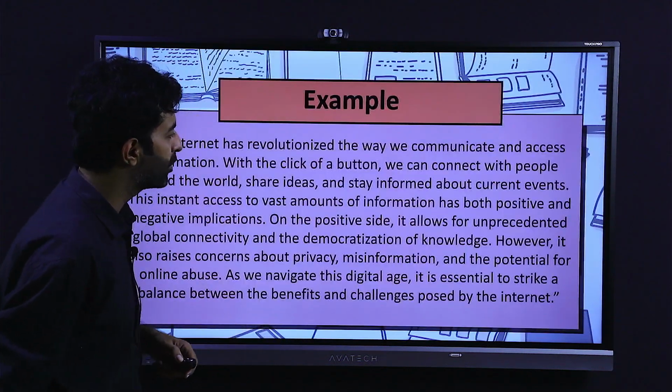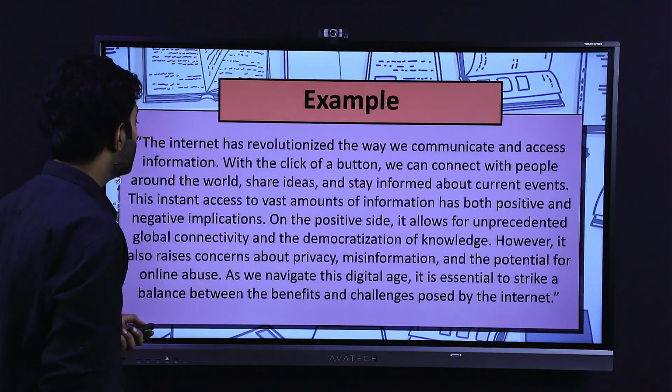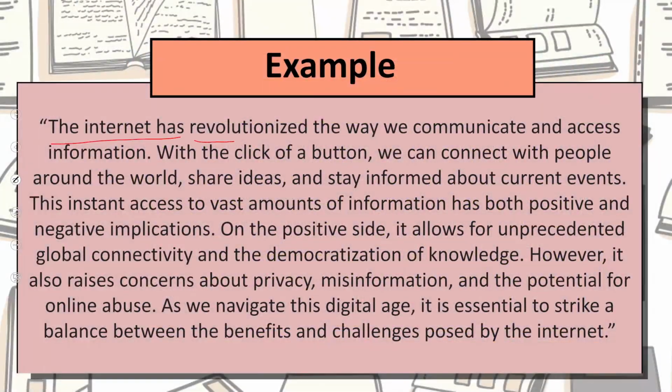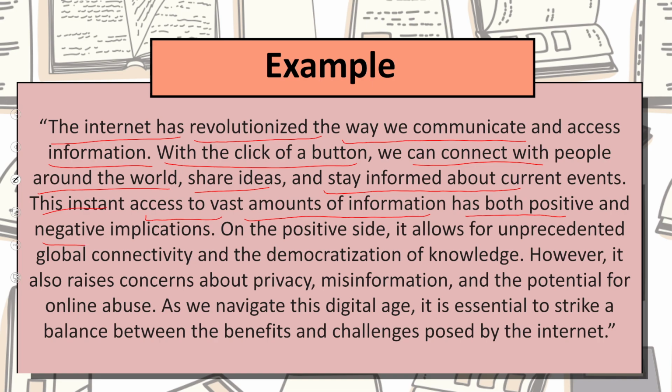Here is an example. Let me read it for you. The internet has revolutionized the way we communicate and access information. With the click of a button, we can connect with people around the world, share ideas, and stay informed about current events. This instant access to vast amounts of information has both positive and negative implications.